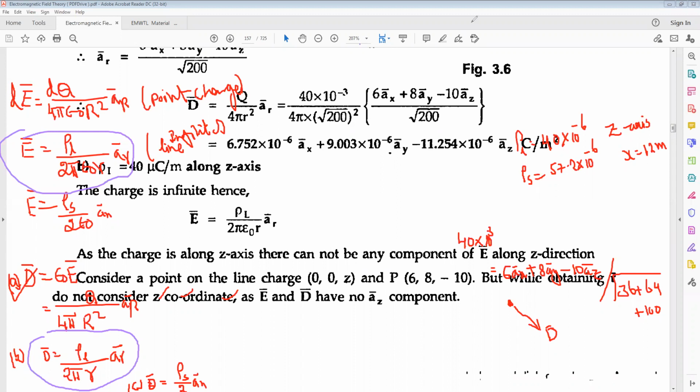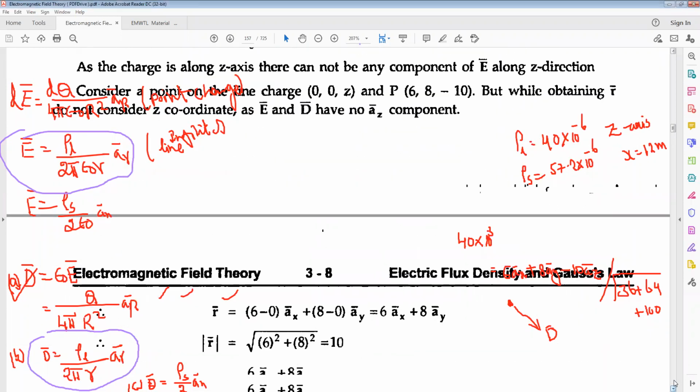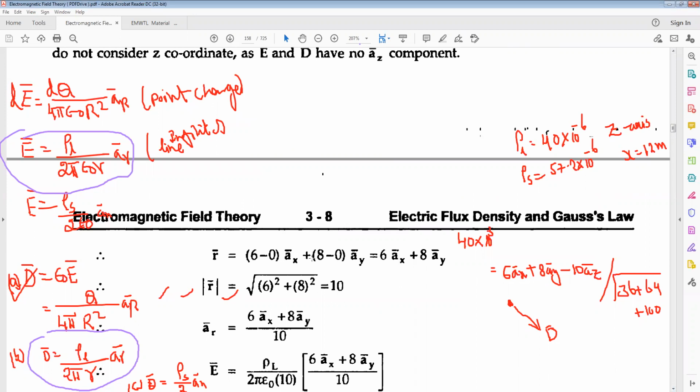Then 6 minus 0 AX bar and 8 minus 0 AY bar, there is no Z component, since the infinite line charge is on the Z axis. So AR bar is equal to 6 AX bar plus 8 AY bar. Its magnitude is 6 square 36, 8 square 64, and the square root of 100 is 10.